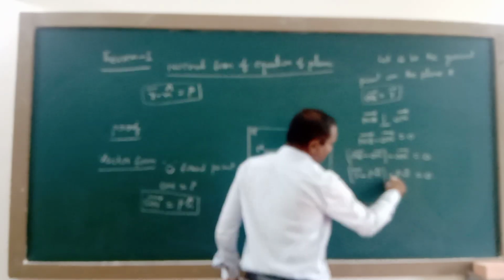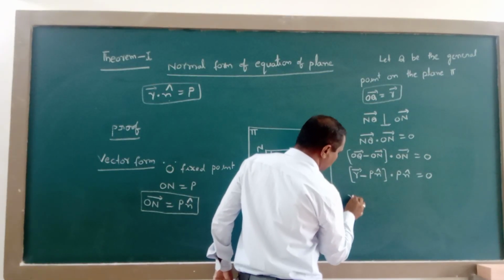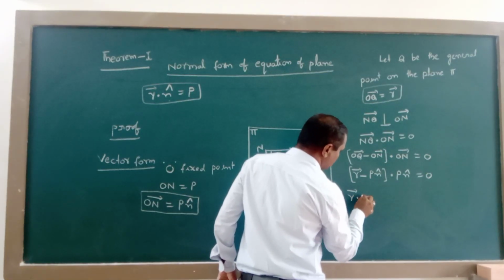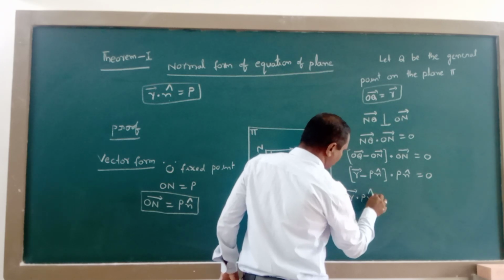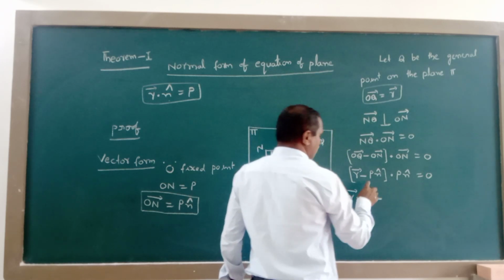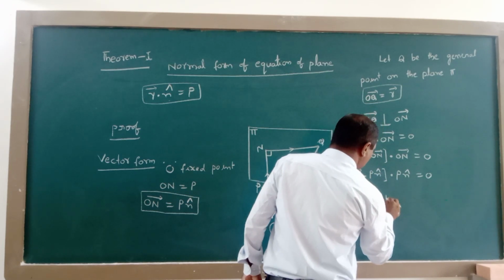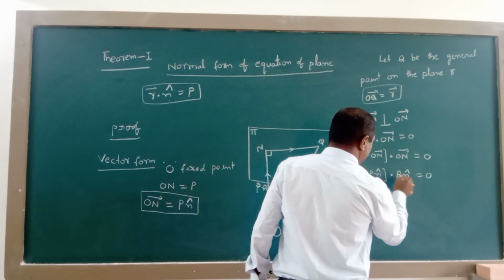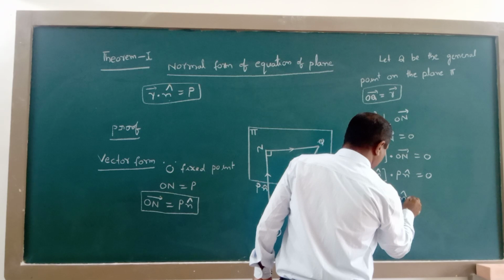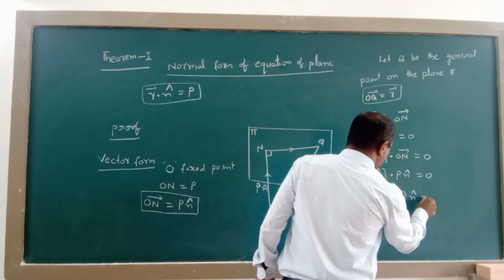Multiplying out, r vector dot P n cap minus P into P square n cap dot n cap is equal to 0.